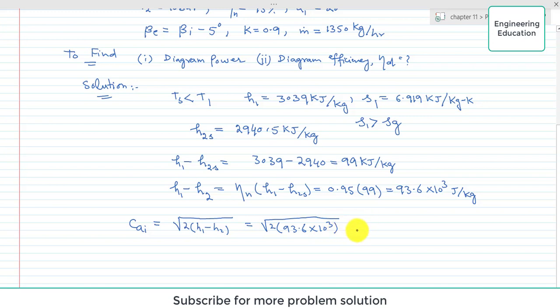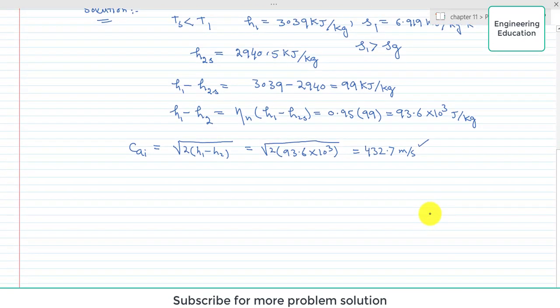The value of CAI calculated from here is 432.7 meter per second. This is the absolute velocity at inlet. Later on this value will be used to find some other missing parameters.